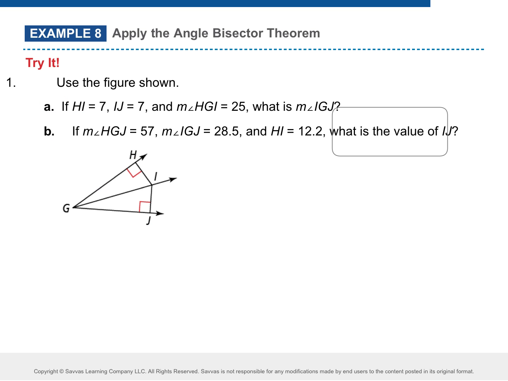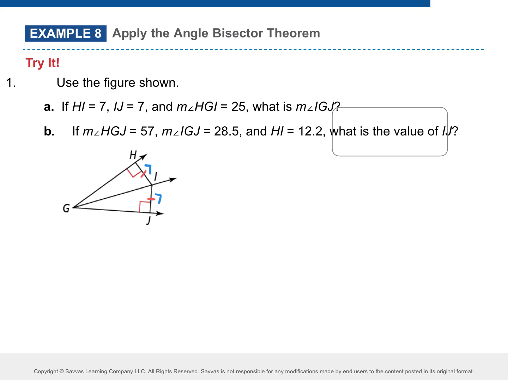Yes. So on example 8A and B, it gives us information. What should we do with that information? Should we just look at it? Put it in the picture. Mark it. Yep. So it says HI is 7 and IJ is 7. What do you know about those two lines? They're congruent.